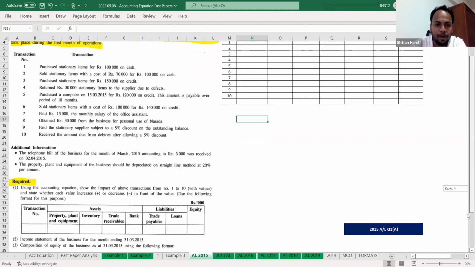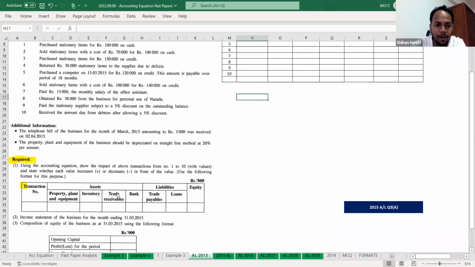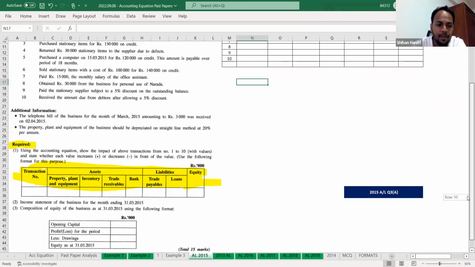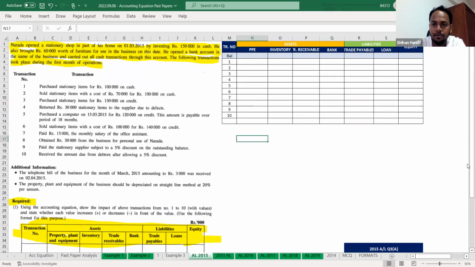They have given a format, so can you all draw this format? Transaction number, assets: PPE, inventory, trade receivables, bank. Then the liabilities: trade payables, loans, and the equity. Requirement number 2 is the income statement. Number 3 is the composition of equity of the business in the following format. All right, so draw the format.